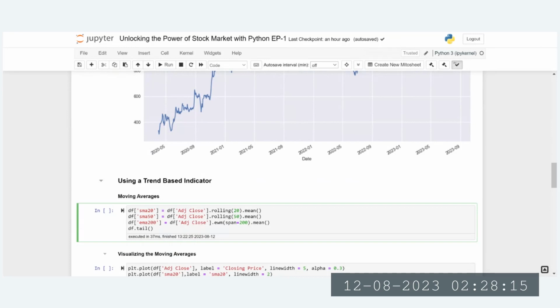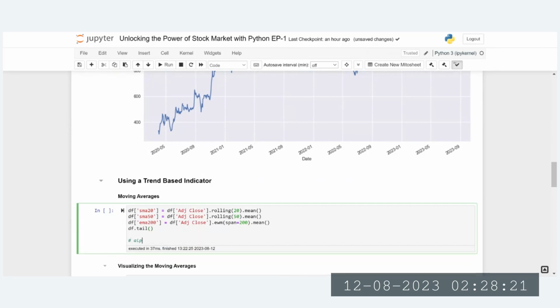right? And how is the weight decided? It's decided on the basis of something called alpha, which is defined as 2 divided by n plus 1. When it comes to understanding this exponential moving average, alpha is the weightage that I want to give to the most recent observation.